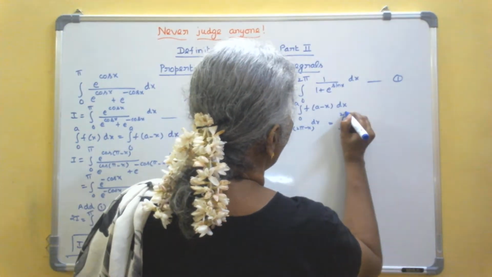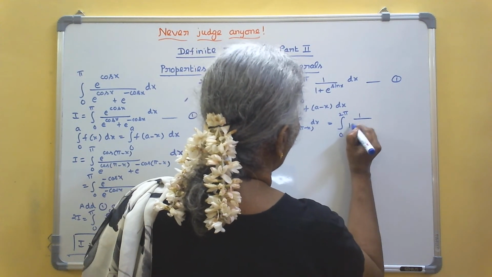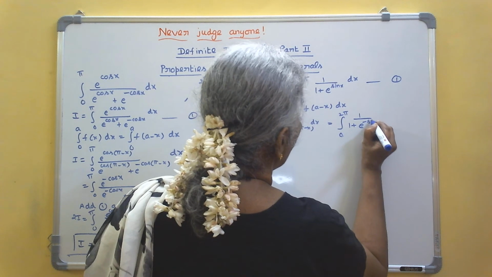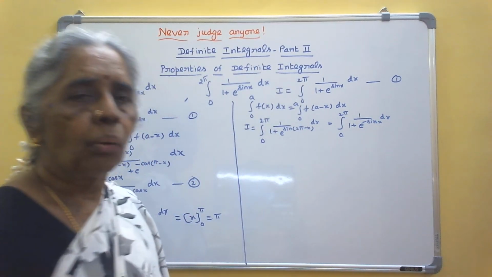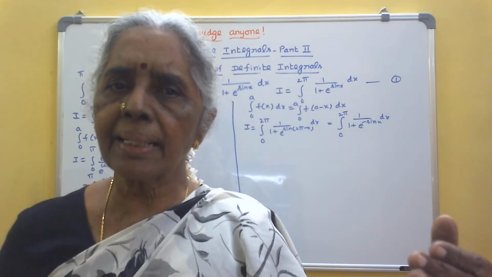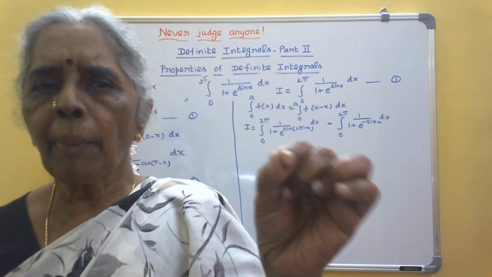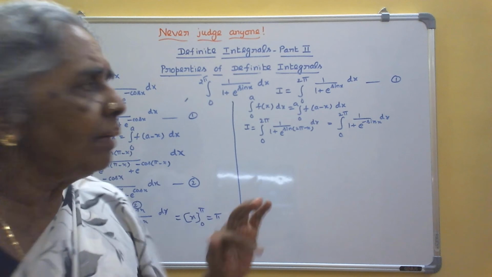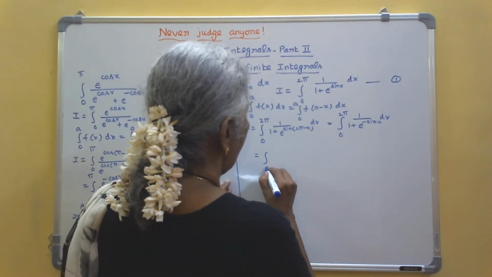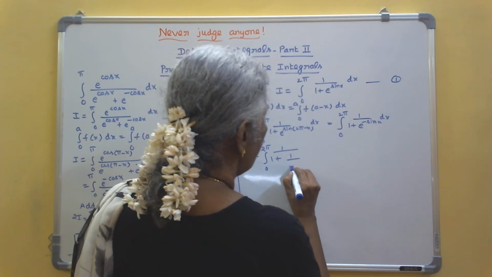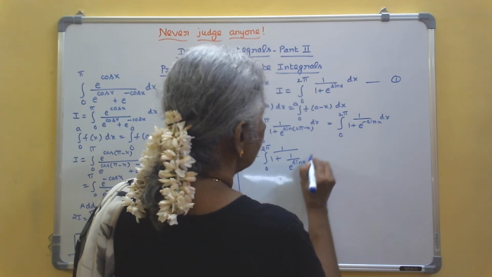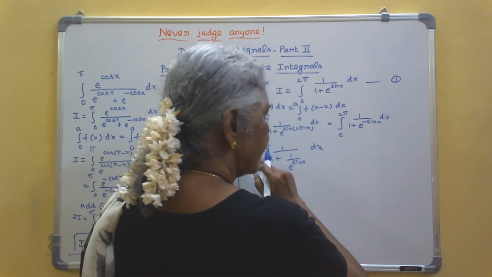That means I will be getting 1 by 1 plus e power minus sin x dx. Now, e power minus sin x I can write as 1 by e power sin x. So I am writing that as integral 0 to 2 pi 1 by 1 plus 1 by e power sin x dx.